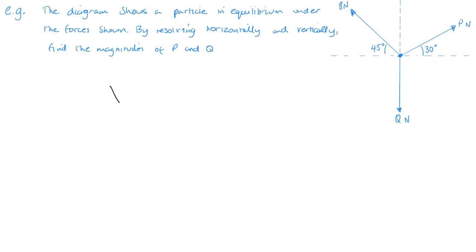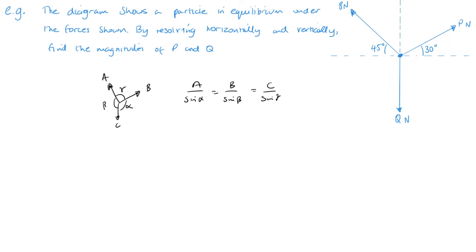If I've got 3 forces, similar to what we've got here, A, B and C, and this angle is alpha, this one is beta and this one is gamma, then A over sin alpha equals B over sin beta equals C over sin gamma.